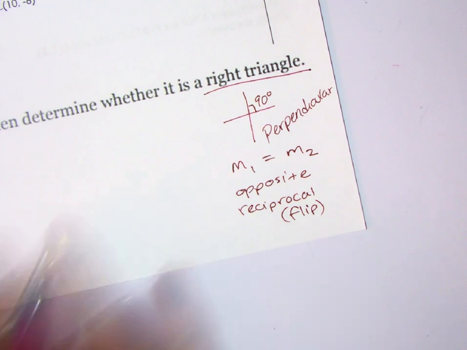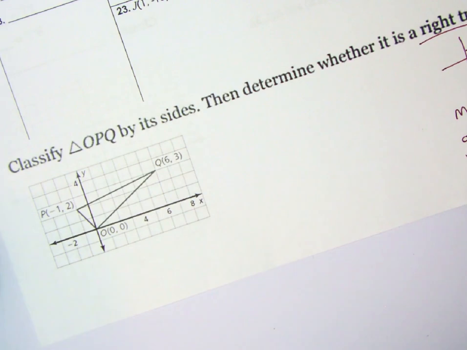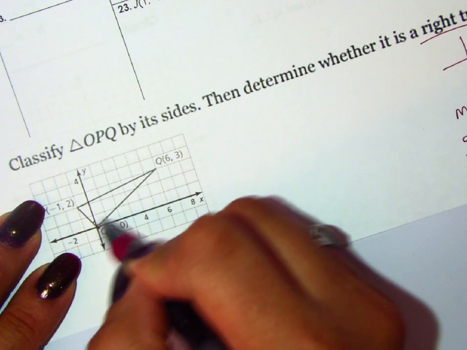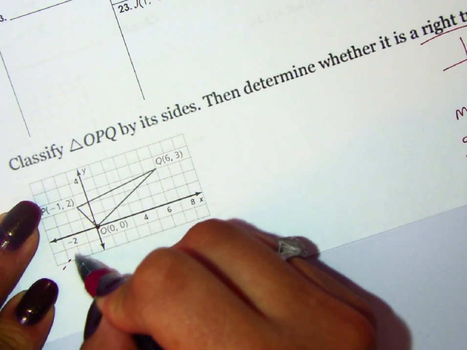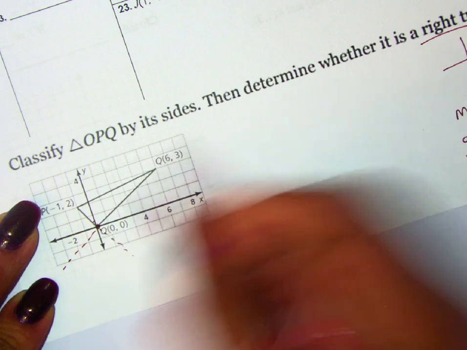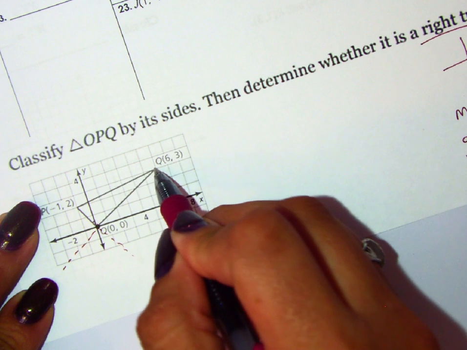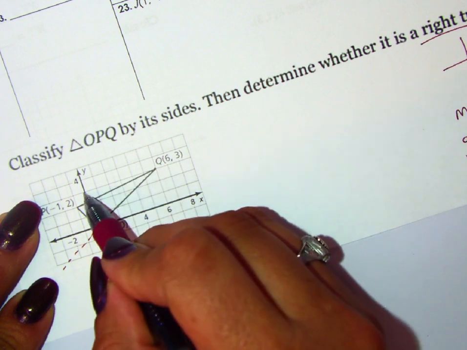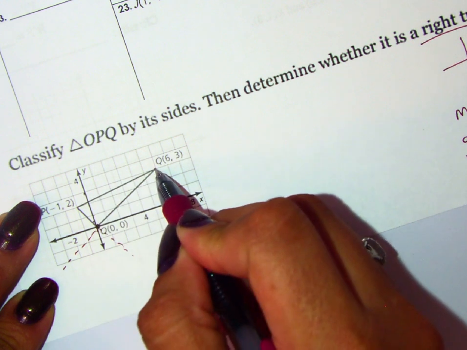So let's check on that. Here, the one that looks like a 90-degree could be this corner right here. So we're gonna imagine that these lines extend and we're gonna check their slope. So this point to this point, it's rise over run, or rise all the way up here and then run over here.